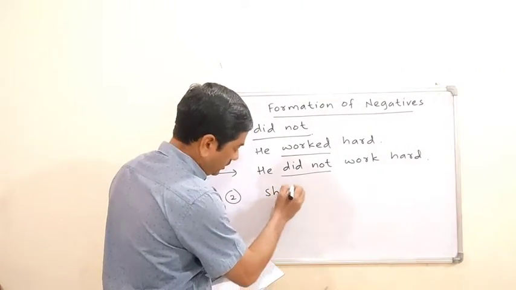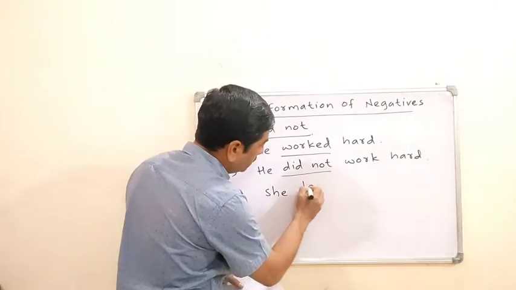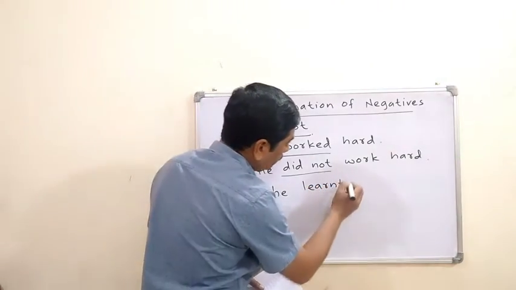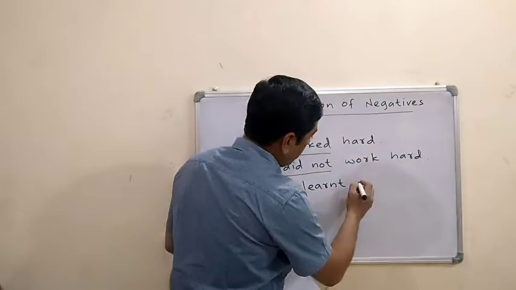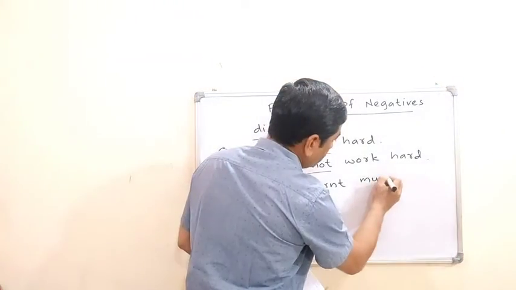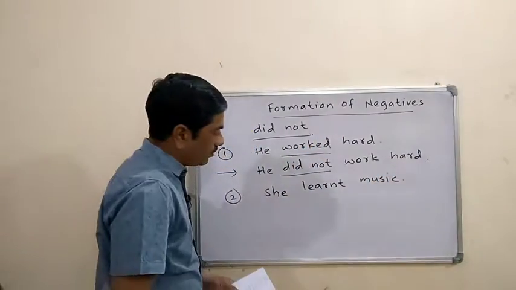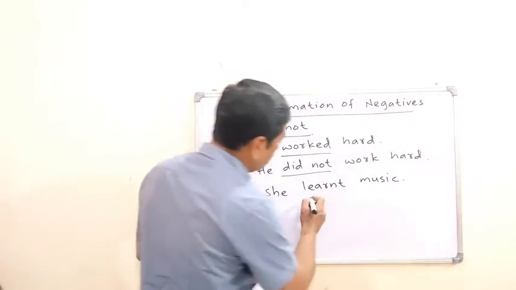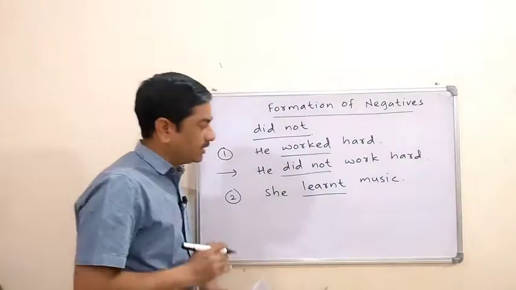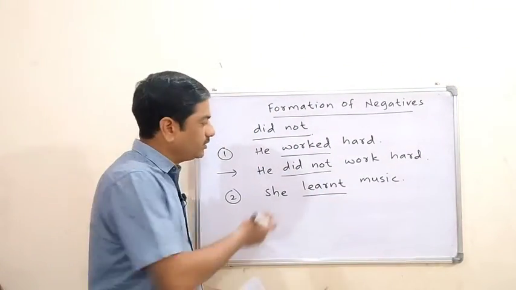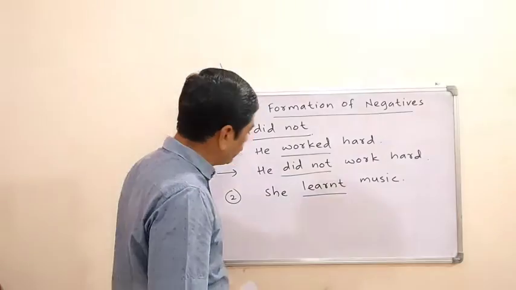She learnt music. Learnt is the V2 form of learn.